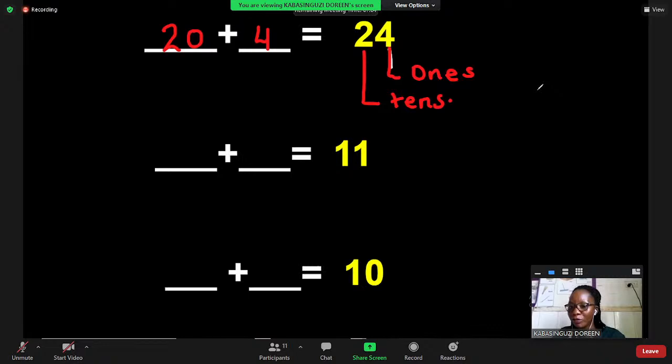Elsa, unmute yourself. 11, you put it this side. Let's go slowly. What is the place value of 1, Elsa?